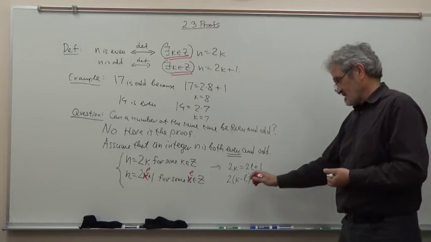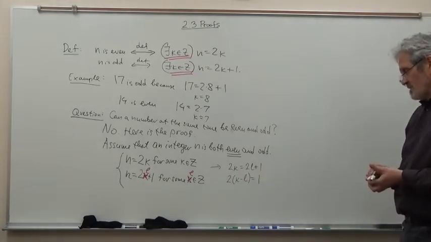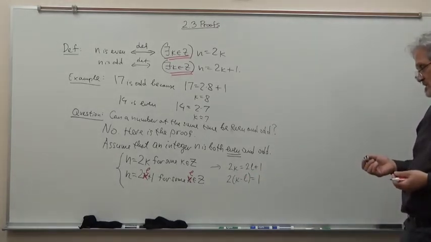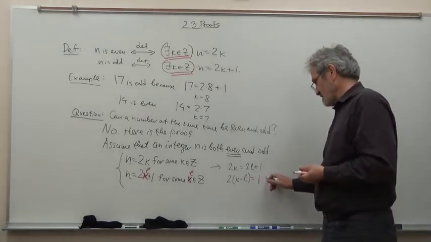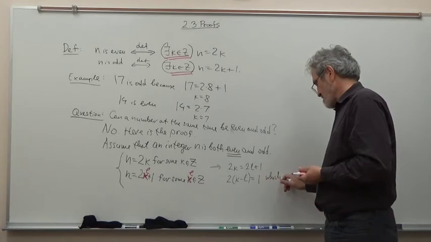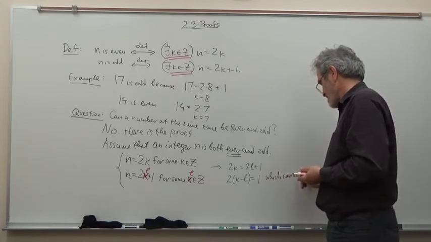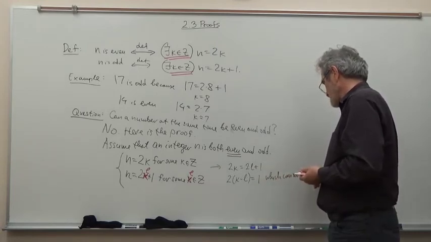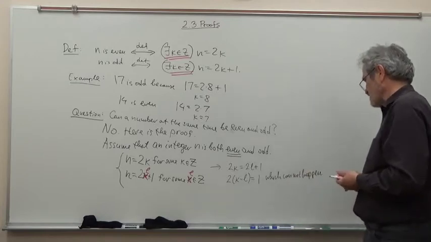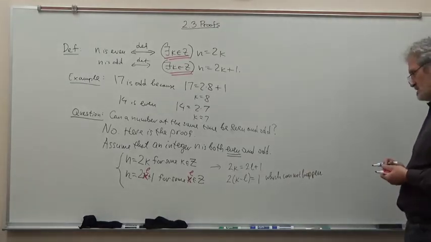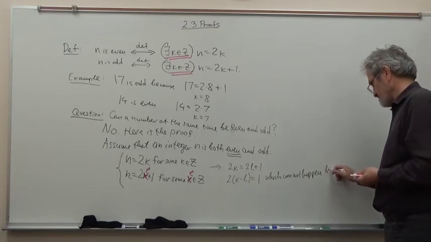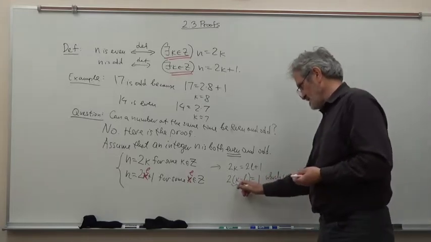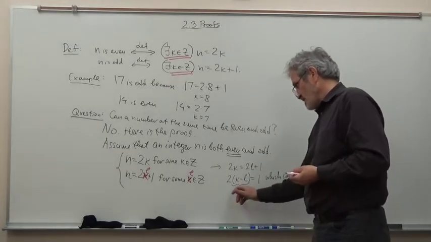Why is this not possible? Because we can say the following, which cannot happen. I'm actually arguing by contradiction here, and in section 2.5 we'll talk more about that type of proof. It cannot happen because k minus l is an integer, so we have two cases.